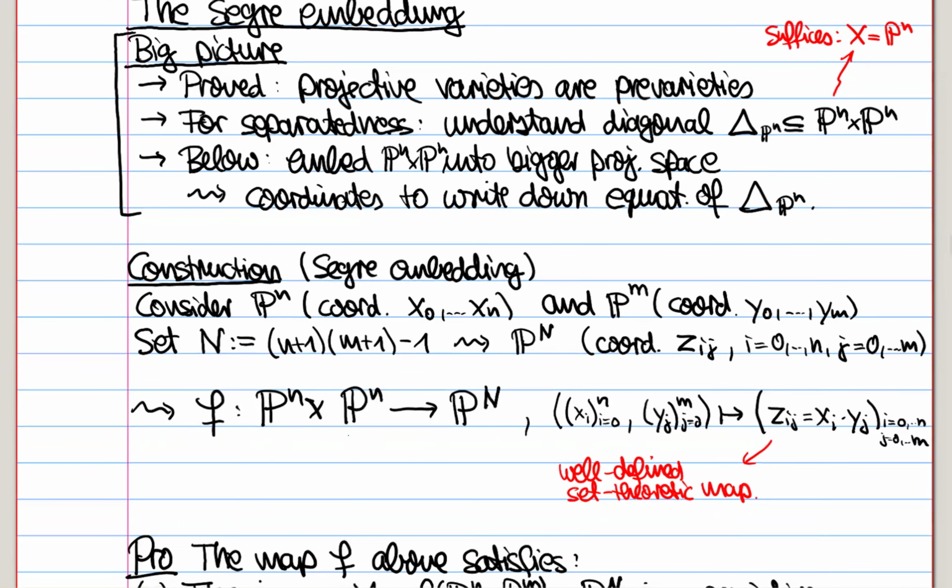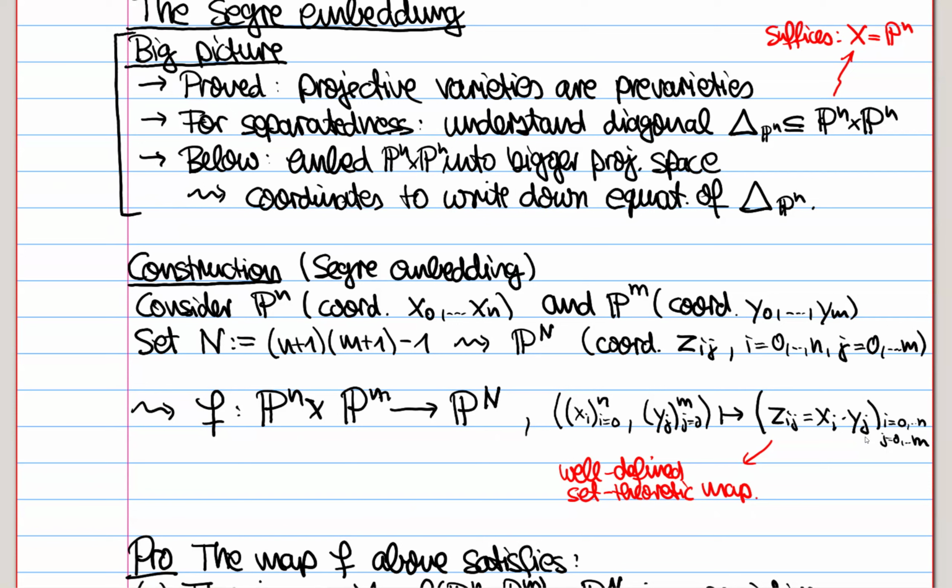And then we can write down a nice map f from this product to the big P^N, which takes such a tuple of x_i and y_j, and maps it to the coordinate z_ij equal to x_i times y_j. So for each pair of coordinates, we record the product of this pair once.